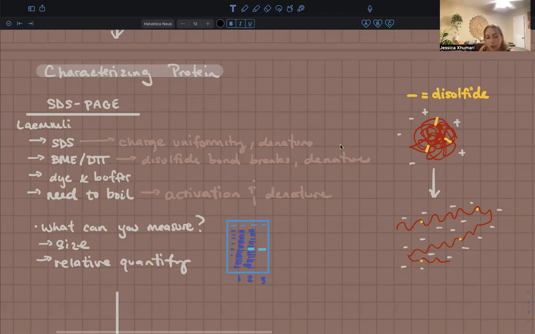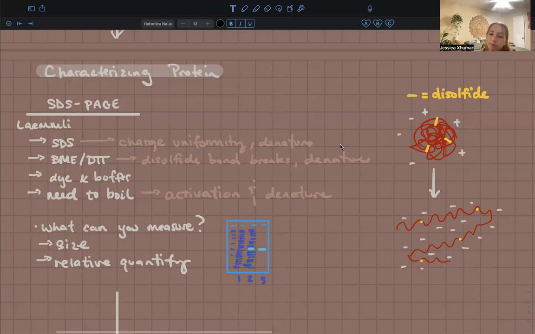Having a protein denatured is really important to be able to fairly compare the size between different proteins as well as against the marker, right? We want to be able to compare to the ladder properly, right?